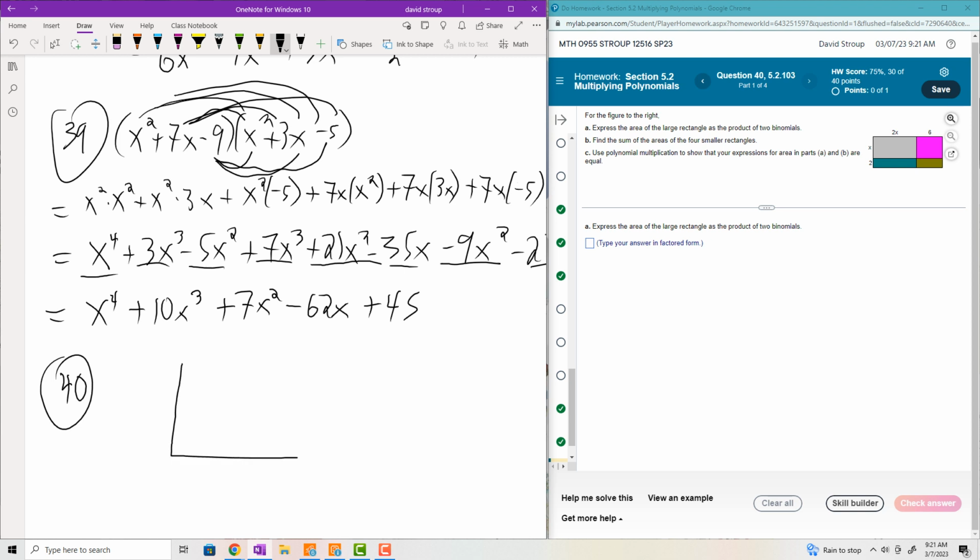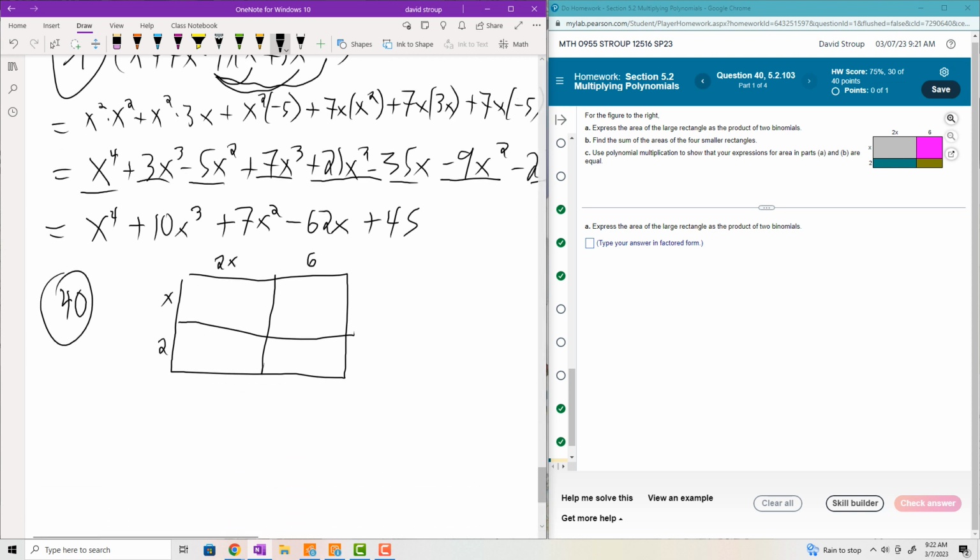So we have this picture cut into pieces. So this length is 2x, this length is x, this length is 2, and then this is 6. Okay. Part A, they want to express the area of the large rectangle as the product of 2 binomials. Okay, so what you do is kind of, you can get the length and the width, right?